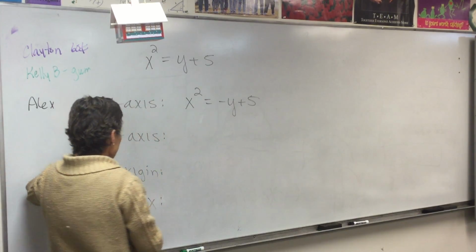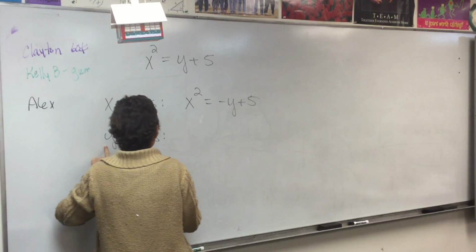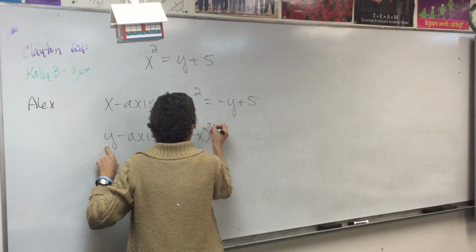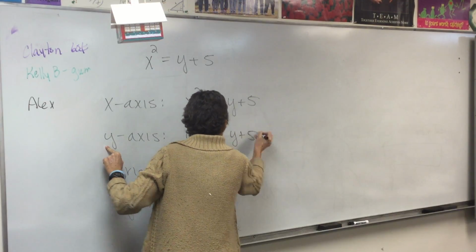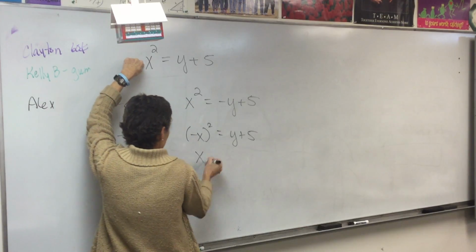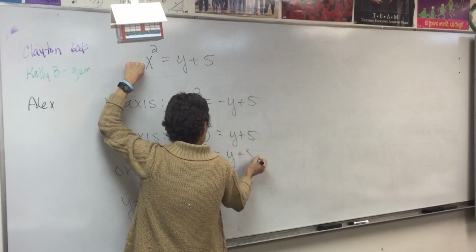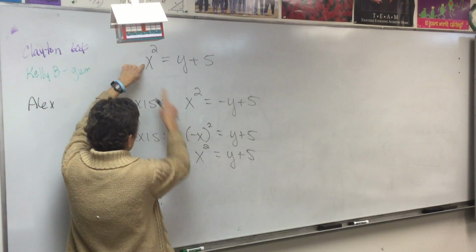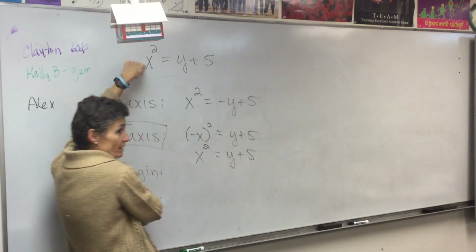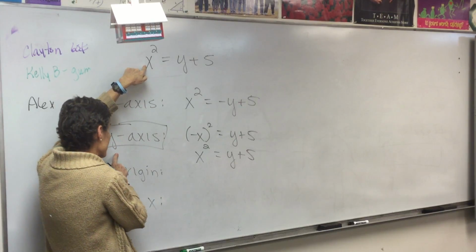To test for symmetry about the y-axis, we change the sign on x. So we ask ourselves, are these two the same equation? And the answer is yes, they are, because when you square negative x, you get x squared. So those are the same equation, and we do have symmetry about the y-axis.